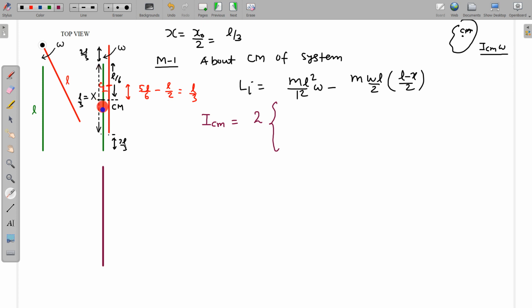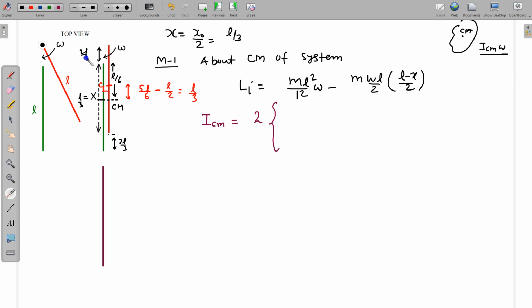Obviously this is L by 3, so this distance is L by 6, and the upper distance will be 2L by 3. Between the center of mass and C1, the distance will be 5L by 6 minus L by 2. Where is 5L by 6 coming from?